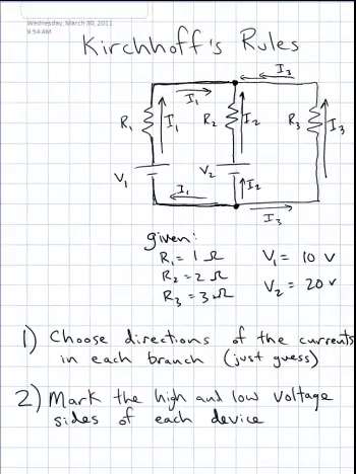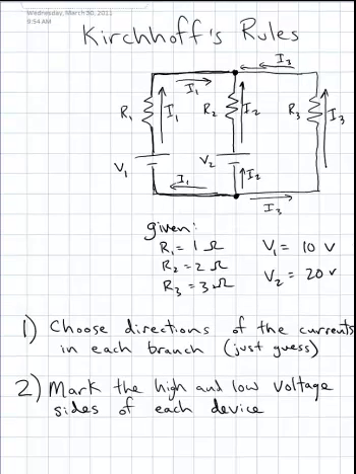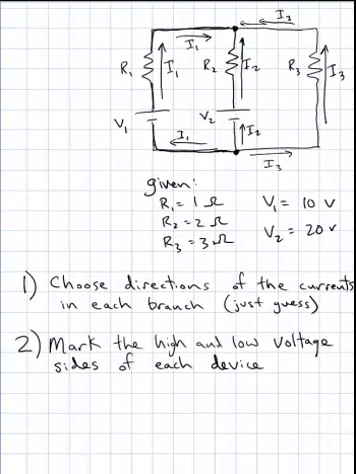Step 2 is to indicate on your drawing which side is the high voltage side and which side is the low voltage side for each device. So we have some rules for this. If it's a resistor, we look at the direction of the current. I'm going to have my current going this way through the resistor.